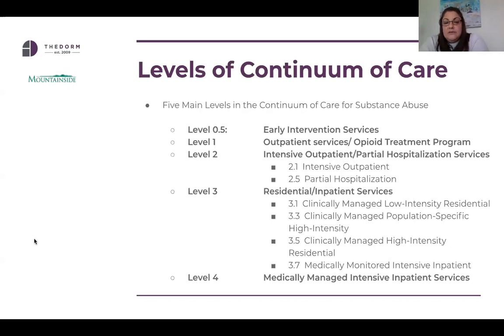So 3.5 and 3.7 are generally what we talk about when we talk about residential levels of care. There's a variety of distinctions between the two, but they're pretty minor in comparison to the main distinction: 3.7 has 24-hour nursing, which is why it's a medically monitored intensive inpatient. And level 4 is a medically managed intensive inpatient service. That's more like a licensed hospital. It may not be a hospital itself, but like a psych hospital or that kind of setting.